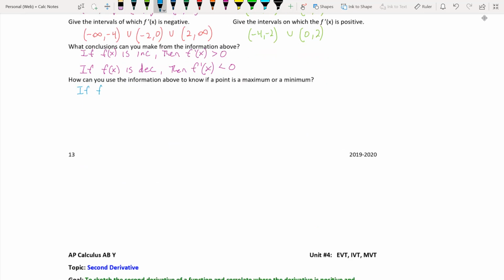So if f prime goes from negative to positive, then f of x goes from decreasing to increasing, so f has a min.